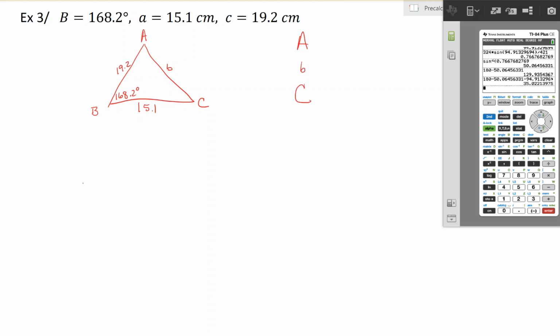All right, this is a problem where you have two sides and an included angle, set up perfectly for the law of cosines.